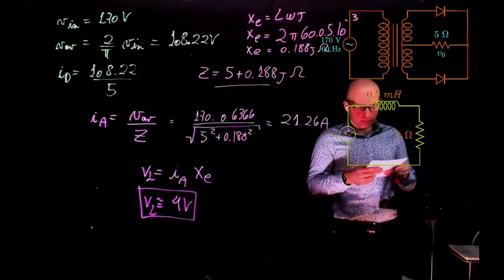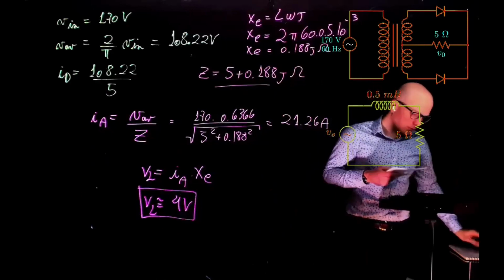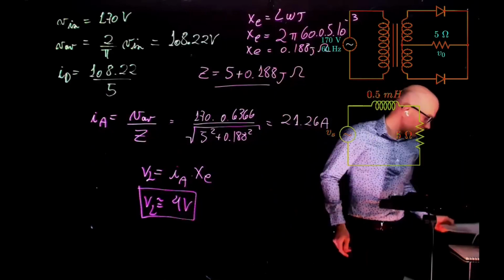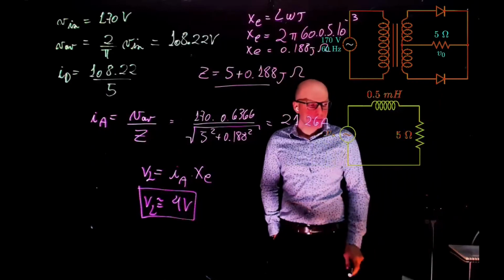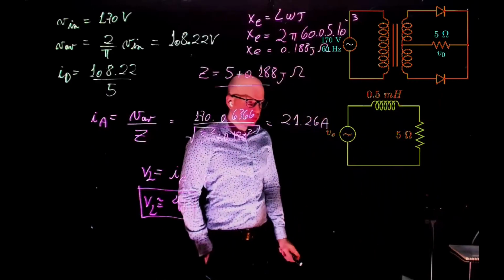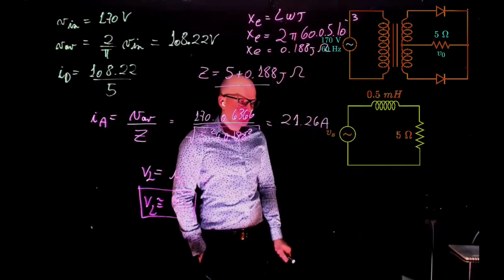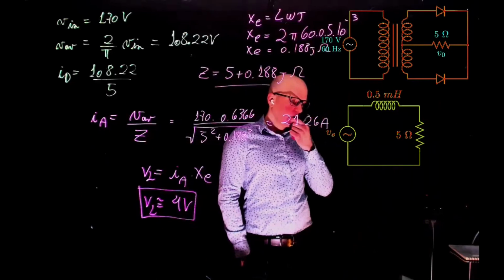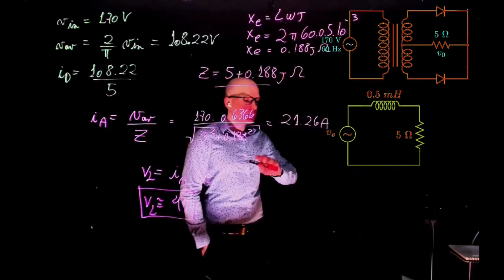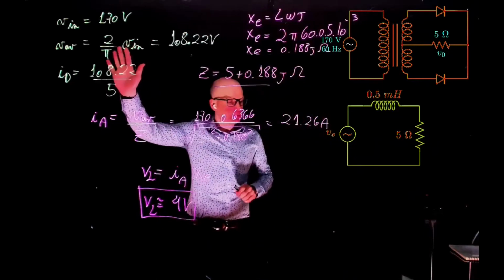Question, sir? Yeah. For this question where we use the L, how is it different from the first question? Did we ignore an inductor? In the first question, we ignored the inductor.